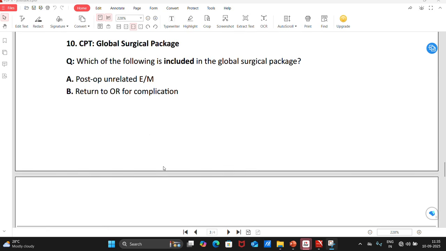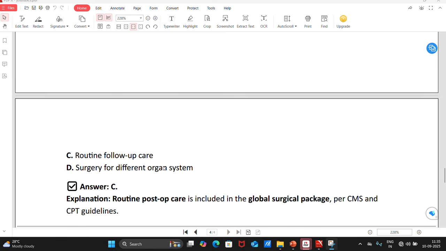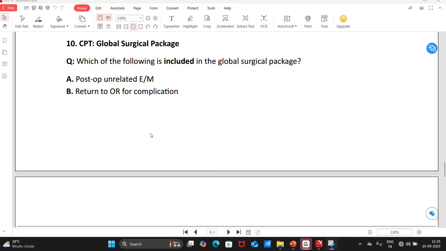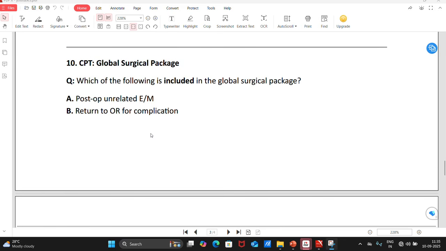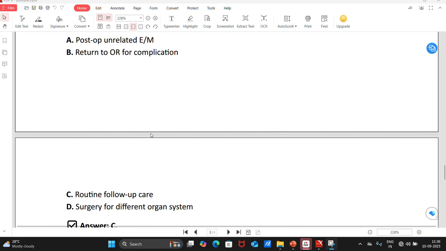Next is the 10th one. The 10th one is related to the global surgical package. This is an important related question. Which of the following is included in the global surgical package? Option A, post-op unrelated E and M. Option B, return to OR for complication.